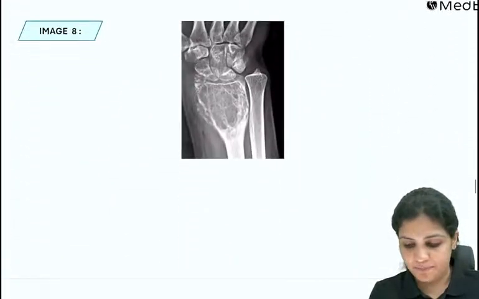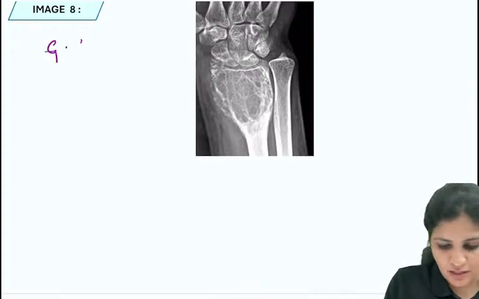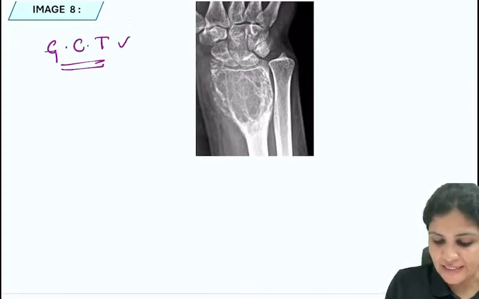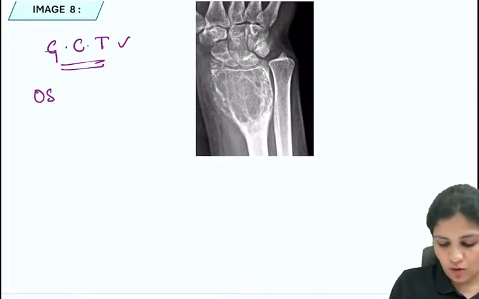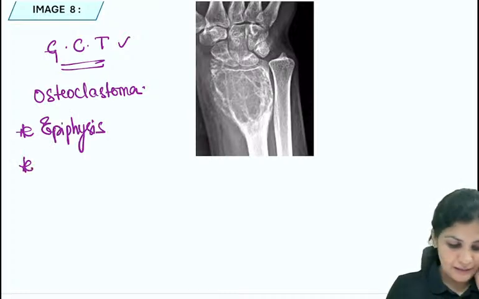And then what is this? Very, very important. Yes, this is your GCT, giant cell tumor, also called as your osteoclastoma. What is the most important thing? Seen in the epiphysis, right?